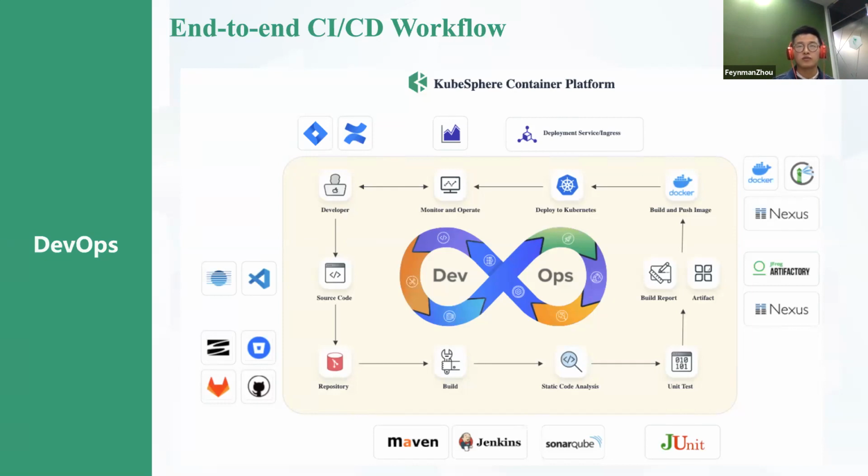KubeSphere DevOps has stitched together a couple of popular DevOps tools: GitHub, GitLab, Maven, Jenkins, SonarQube, and those solutions are stitched into a unified web console, and you can leverage them to easily set up a CI/CD pipeline.